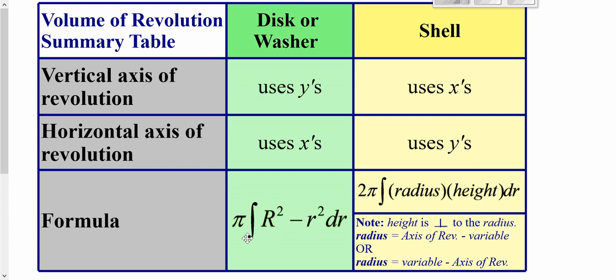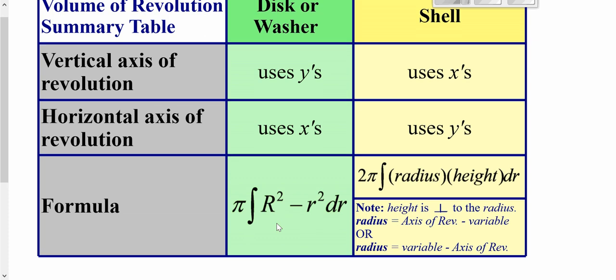So in general, with disks and washers, you go pi, your big radius squared minus your inner radius squared, integrated with respect to your variable. If it's a disk, you'd be subtracting 0 squared, so it's really just your big radius squared. When you're dealing with shells, it's 2 pi.